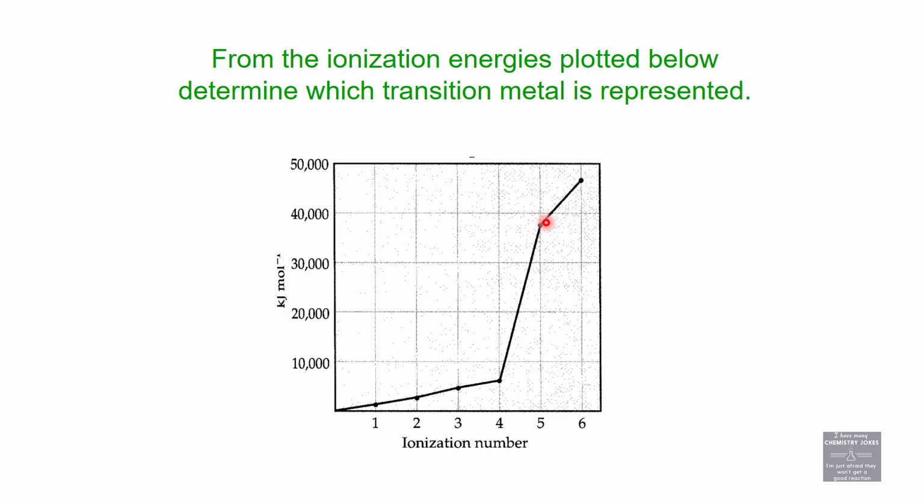I would say this thing has 4 valence electrons. Knowing that it's a transition metal that has 4 valence electrons must mean it is titanium or zirconium or hafnium, something that has 4 valence electrons and is a transition metal.